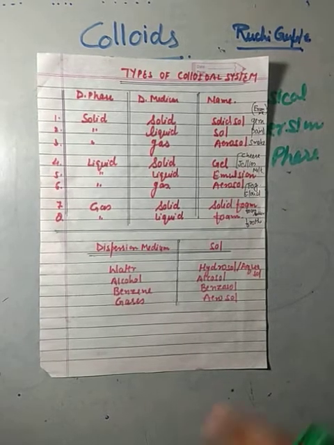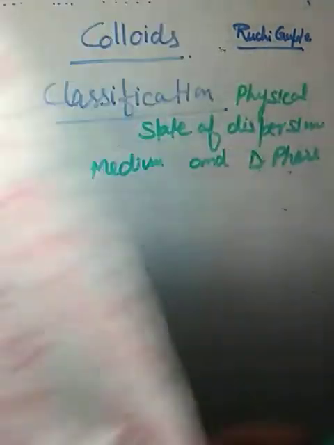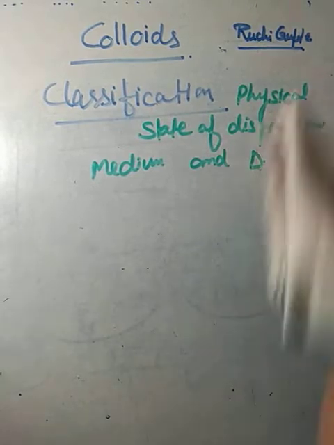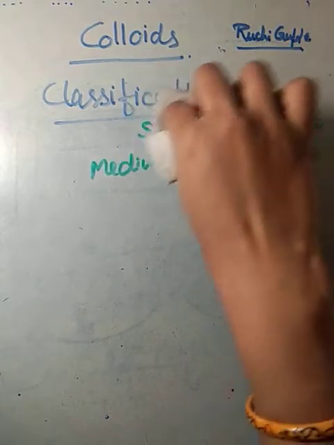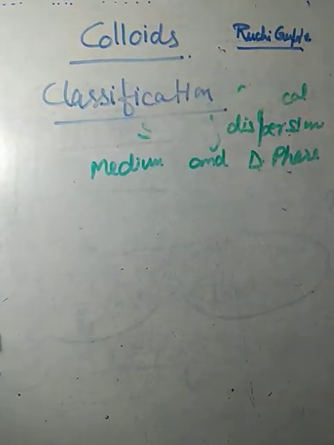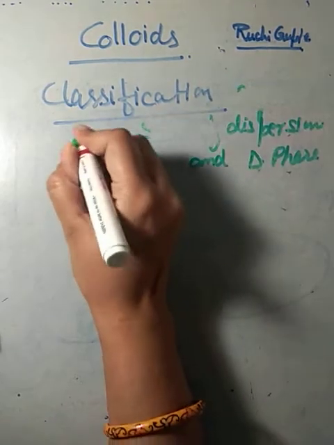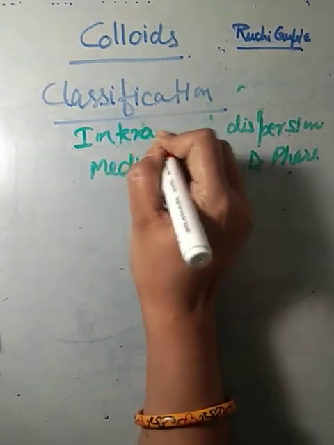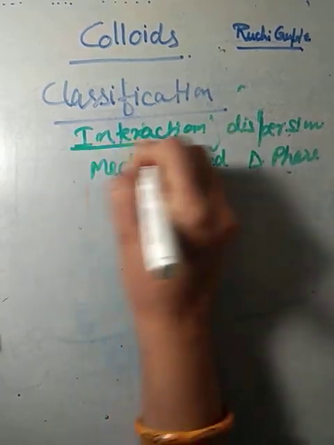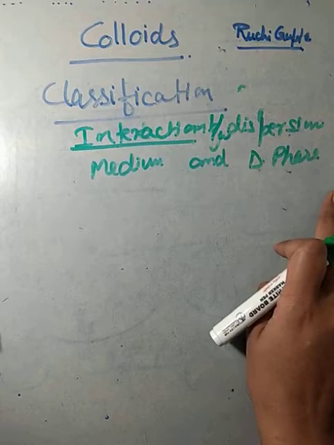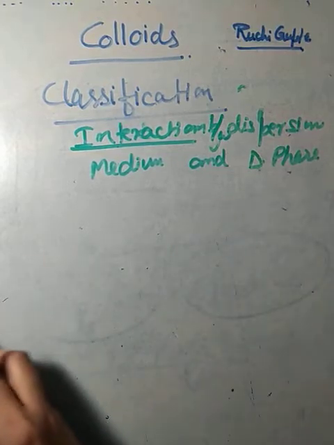Now we'll come to the next classification, which is based on the nature of interaction between the dispersed phase and the dispersion medium. So what is the next classification? Based upon the interaction between the dispersion medium and the dispersed phase, and these are of two types.